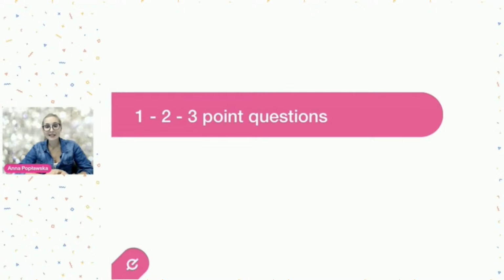But still, let's say that their homework was to watch a video about a given topic. So I ask my students to prepare questions for their partner or the second group of students. So again, here we have group competition, where they have 1, 2, or 3 point questions. So 1 point is a fairly easy question.